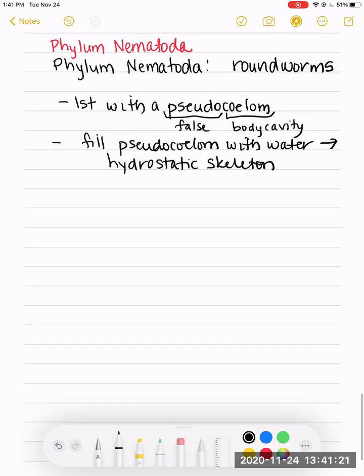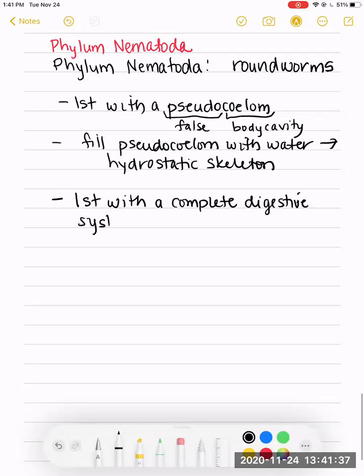They are the first with a complete digestive system, meaning mouth and anus. This is sometimes called an open digestive system versus a closed.